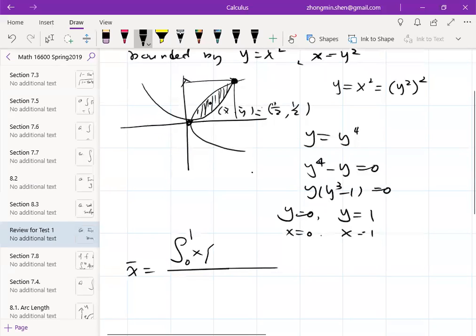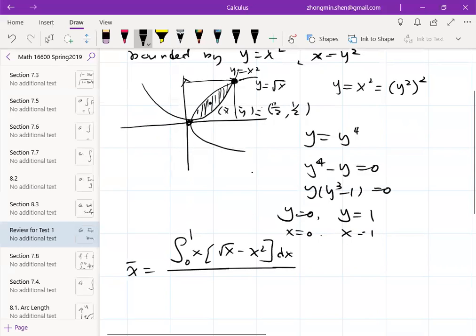So it's going to be x times the top function minus the bottom function. The bottom function is y equals x squared. The top one is y equals square root of x. So the difference should be like this, okay?